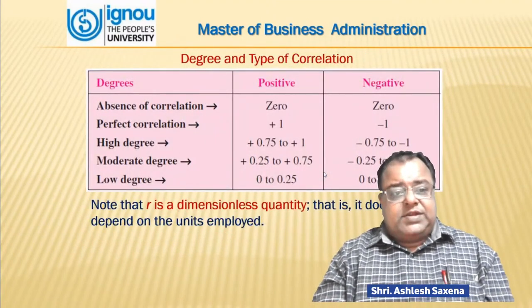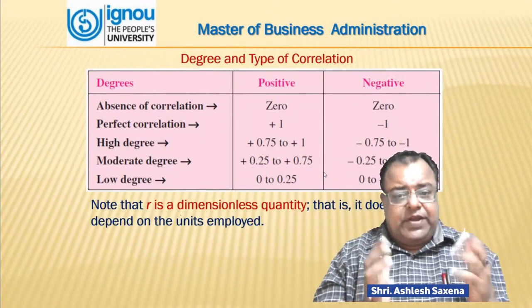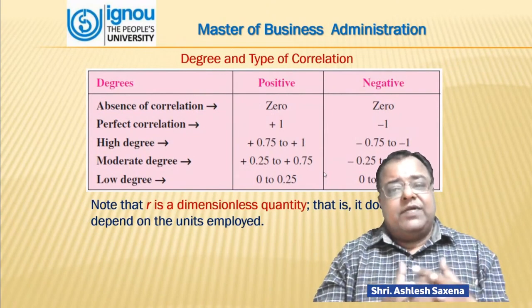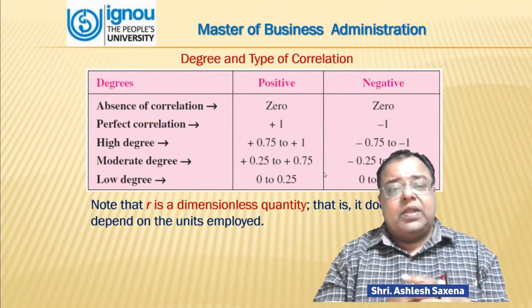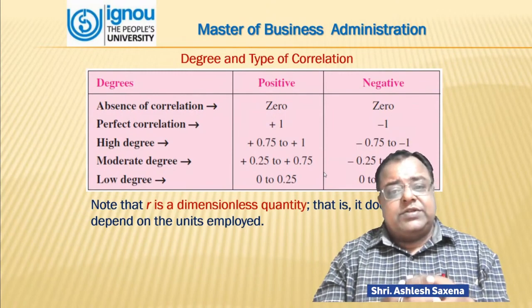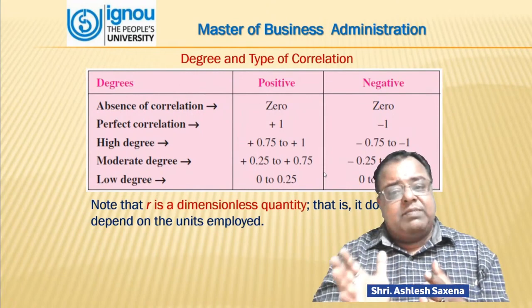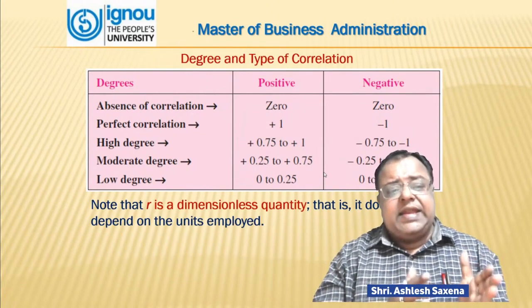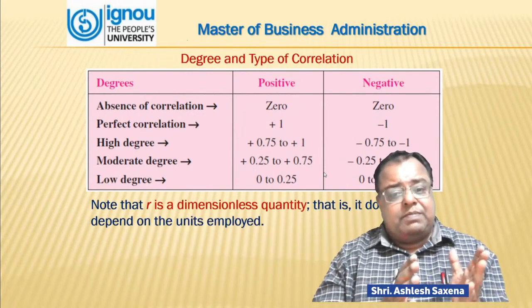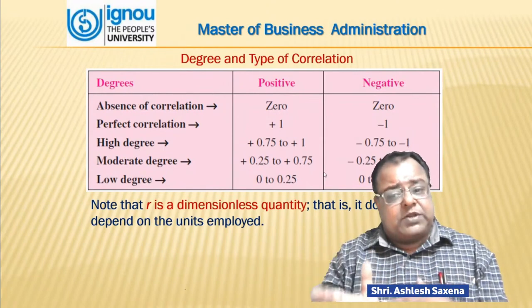Degree and type of correlations. This figure depicts what we have discussed till now. Absence of correlation is 0. In both cases, perfect correlation is plus 1 and minus 1 in the negative one. High degree of correlation is from plus 0.75 to plus 1.